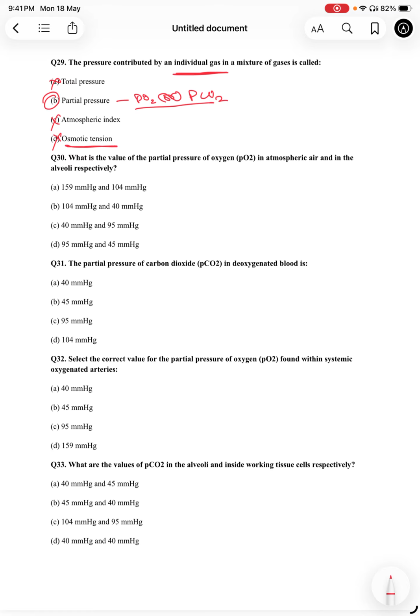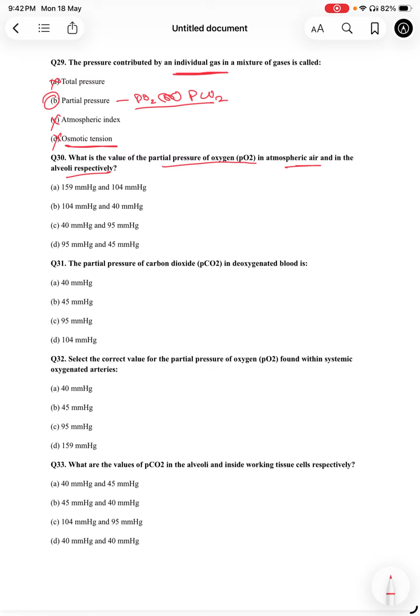Now, what is the value of partial pressure of oxygen in atmospheric air and in alveolar air, respectively? That's a very good diagram in NCERT that we need to refer to. If we know this diagram properly, we can answer this question.